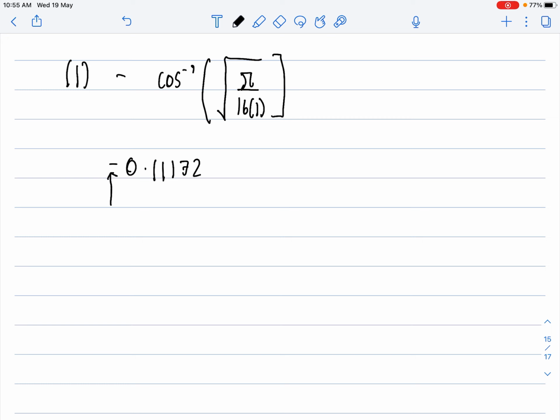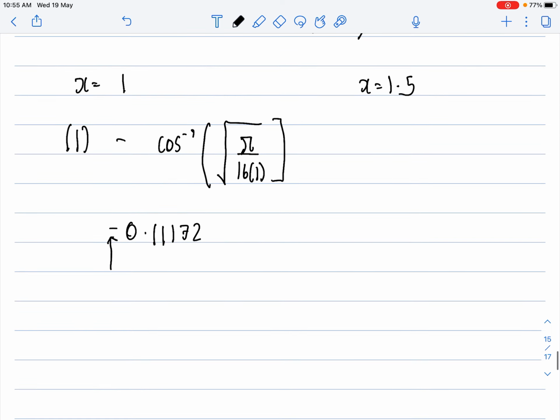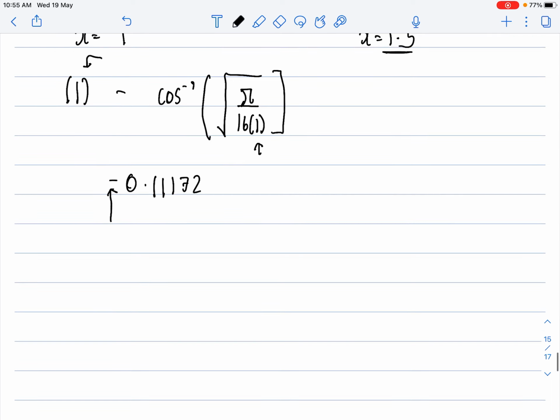This is negative, and now in the same place I need to put 1.5 in the place of x. So on the calci just put 1.5. Okay, simple. In the place of 1 just put 1.5. So the value I get here is 0.299994.